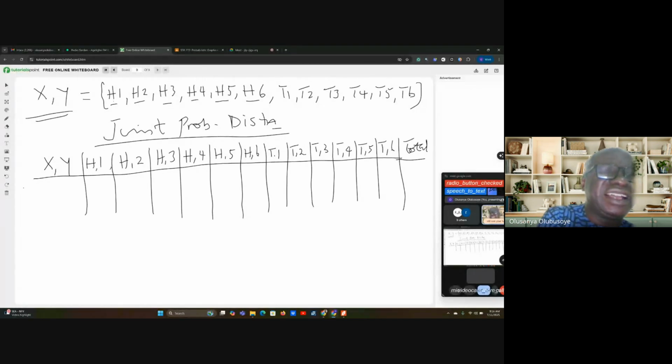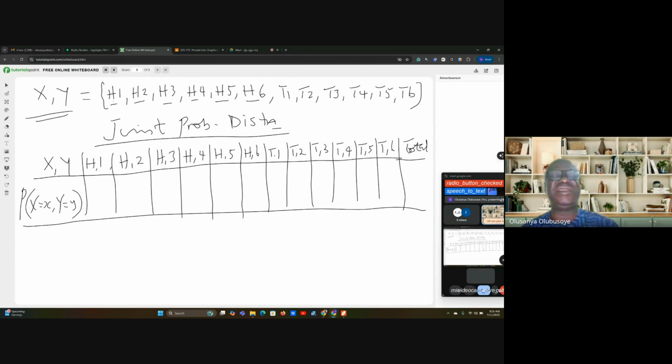And then here it will be probability of X equals a realization, probability of Y equals a realization. So we will have something like this.